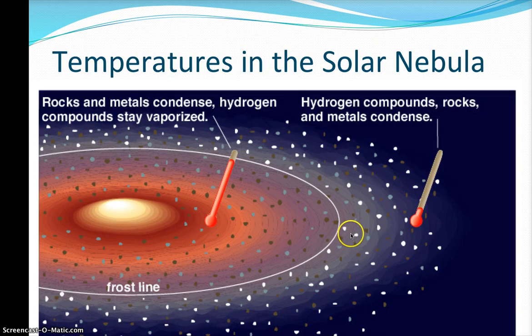And so we talk about the frost line. Within the frost line is where we only find solid rocks and metals. We don't have any hydrogen compounds in a solid form within the frost line. Those are only found outside of the frost line. So they only went into forming the planets further out, and that's where we found the Jovian planets.